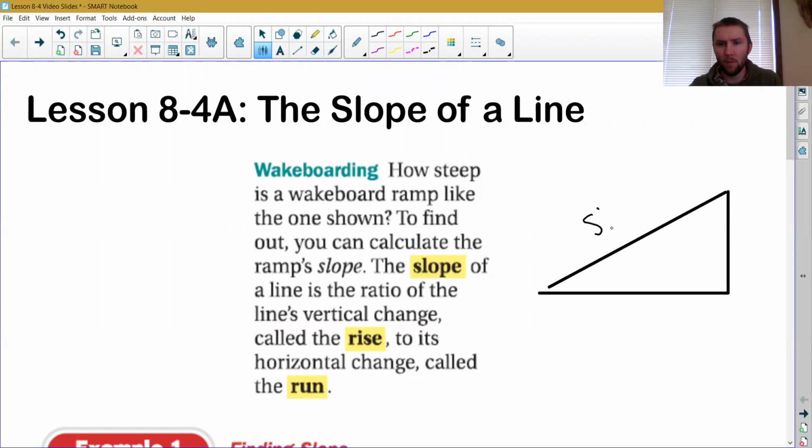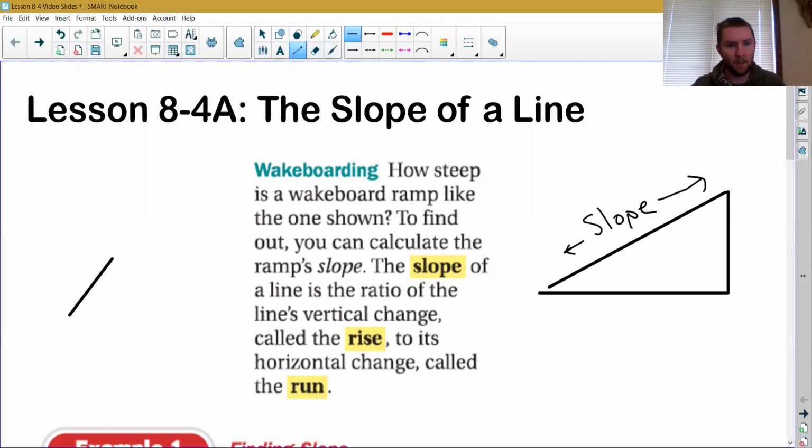So a higher slope would mean more steep. A higher sloped ramp would be something more like this, and this would probably be a difficult ramp to launch yourself off of. But obviously this ramp has a much steeper slope than this one over here. So slope is really talking about steepness, okay?